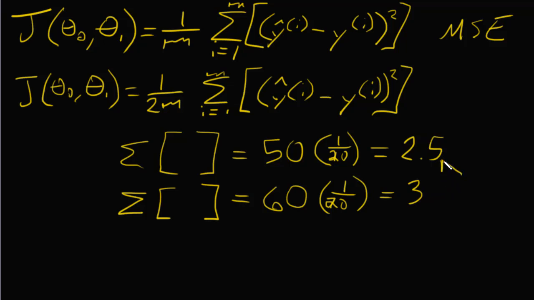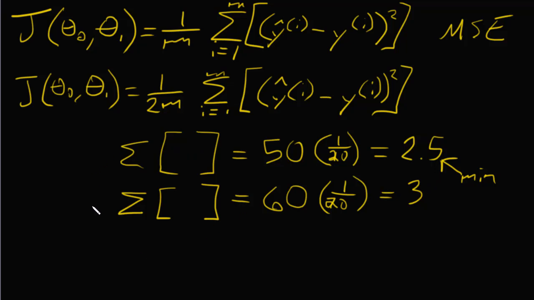This function is still the minimum between the two. It doesn't matter that I scale it by a factor of 1/2 or not, it still preserves the same relationship. So we're going to keep the 2 there for now, and we will be using it for the calculus portion of this algorithm next video. But for now, we're just going to assume that that 2 is there, and we're going to run with that.